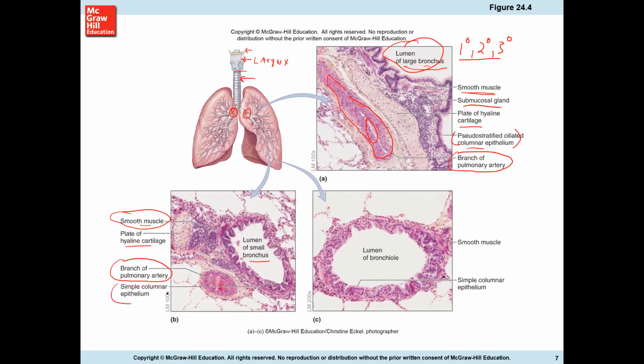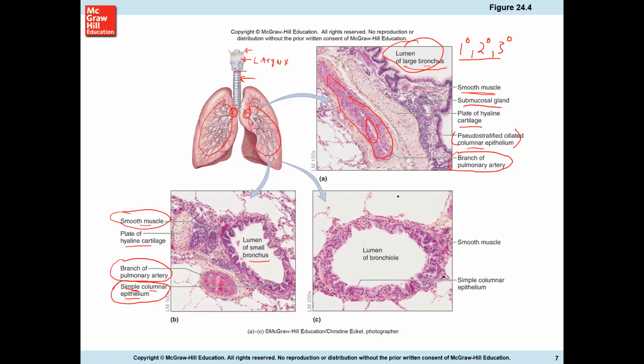You see this now that we're in the tertiary, especially? The epithelium changes to not pseudostratified ciliated, but now just simple columnar, because we're getting closer to the area of magic gas exchange. We're still not exchanging gas. Anything you see here, we're not exchanging gas yet in these tubes.